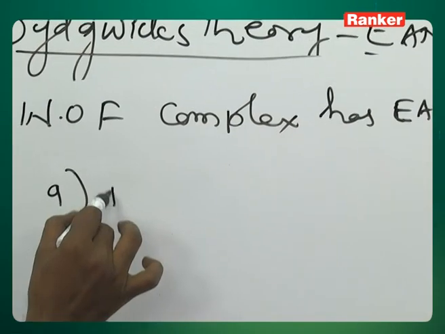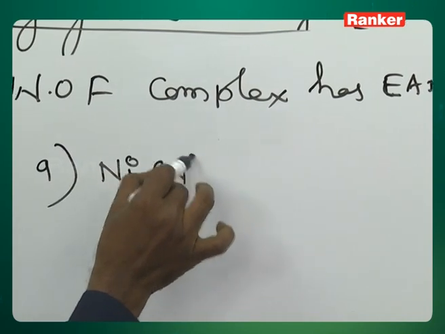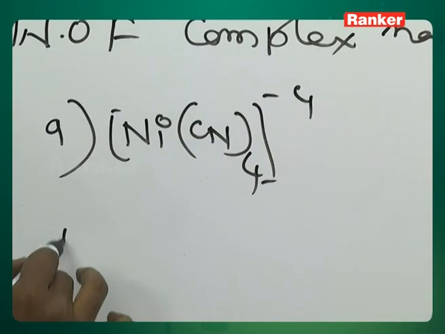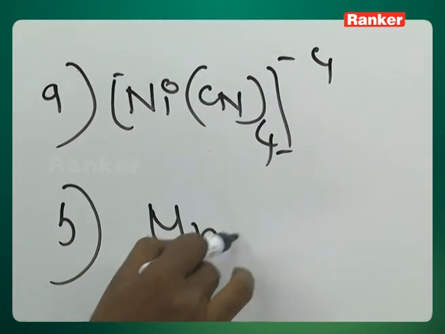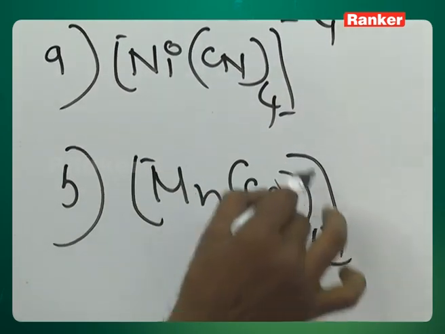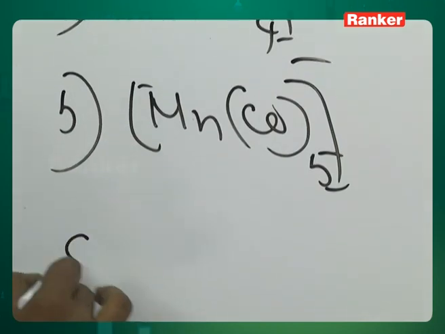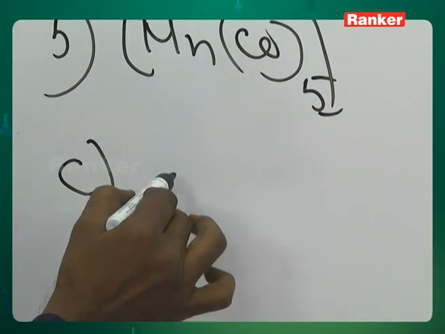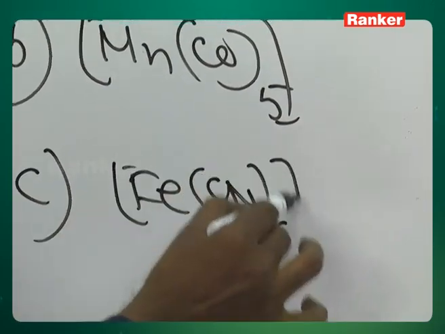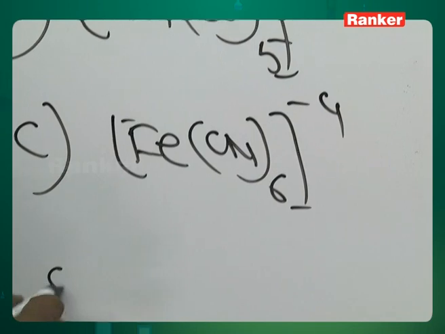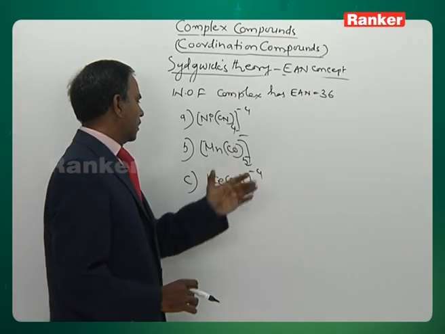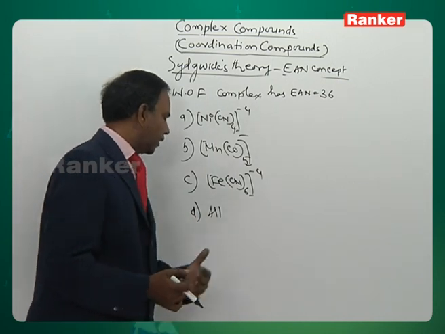First complex, take nickel CN taken 4 times, minus 4; MnCO taken 5 times, minus 1; and you take here FeCN taken 6, minus 4. Let me write all. Let us check A, B and C.